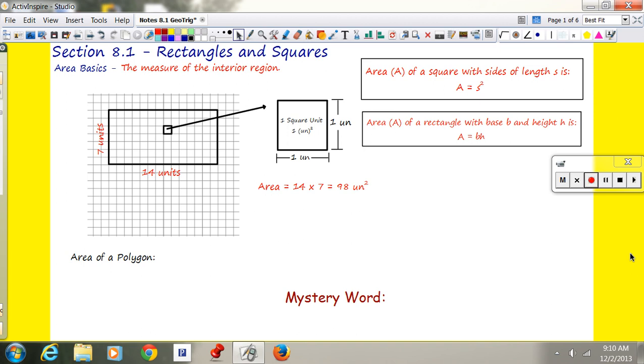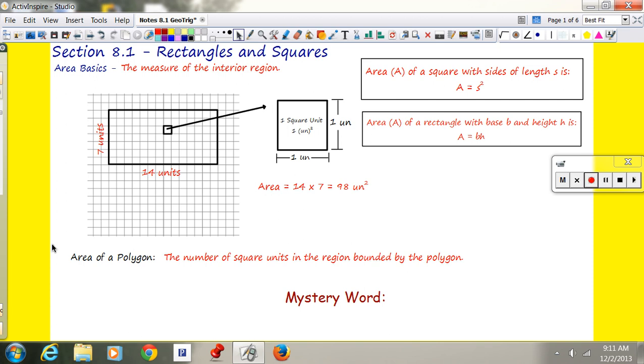Now notice up here when I put area basics, I just said it's the measure of the interior region of whatever shape you're using. Then here at the bottom, I put the area of a polygon. So why would I put polygon down here? What's a polygon going to be? Not 4 or more, 3 or more sides. 3 or more sides, but what do we know about the sides?